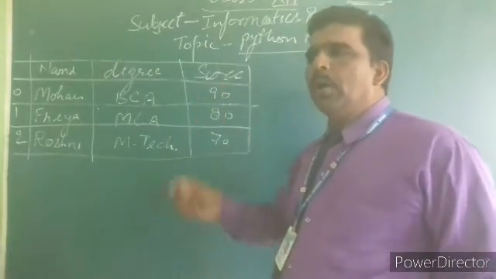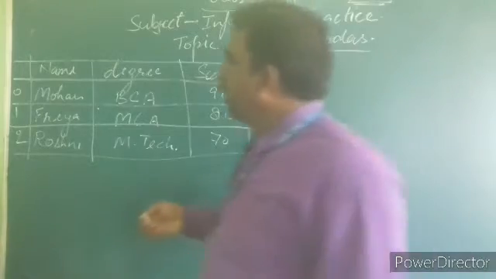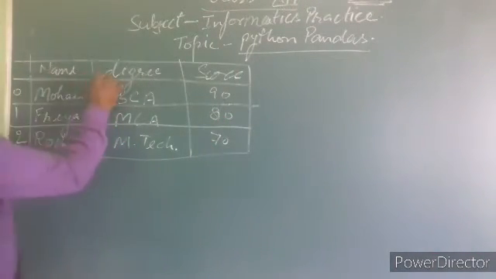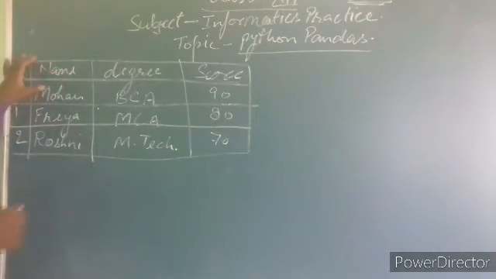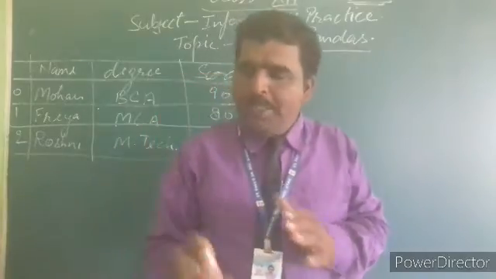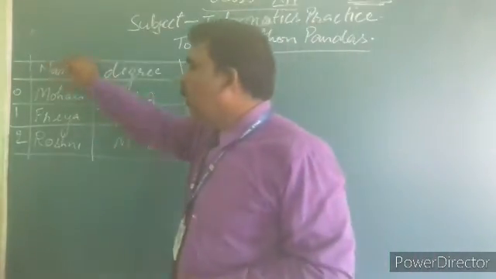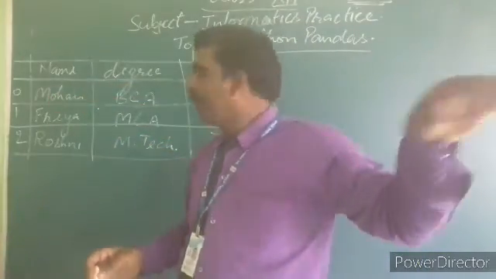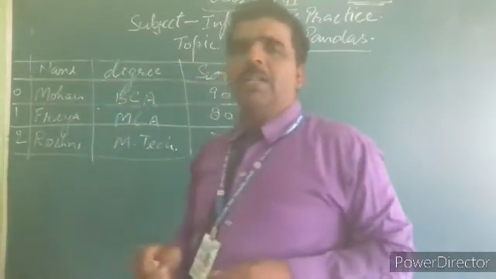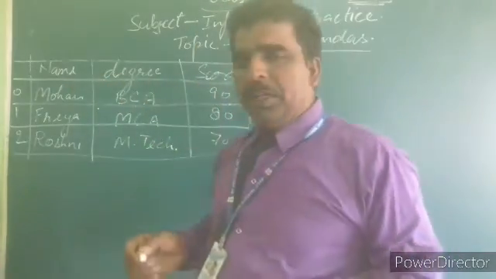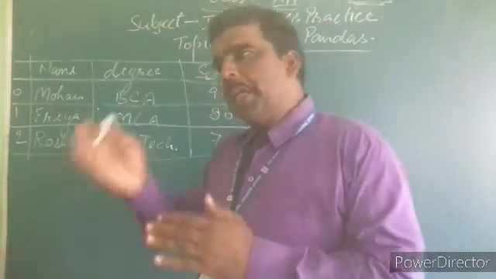Here the name, degree and score is the first row, kept in a single line. After that the next line starts. So Mohan, BCA and 90, that is the second line.